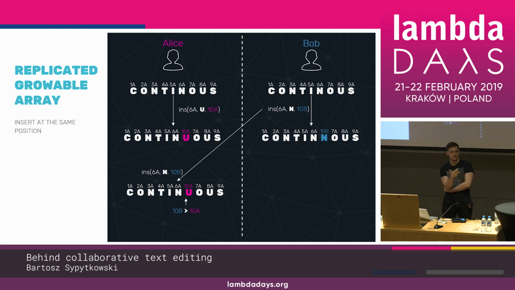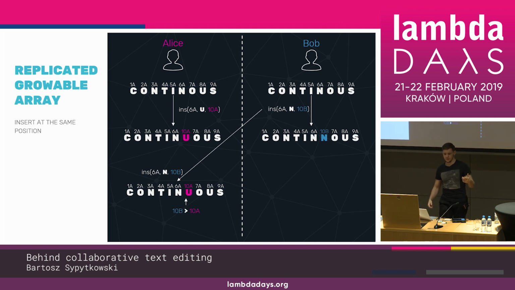Our rule is basically, if we have a character on the right side of the position that we want to place our operation in, which is greater than our own replica ID and our own sequence ID, then we need to skip that character.